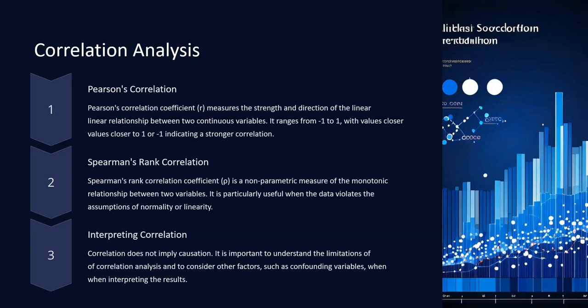Suppose your research question is whether there is a significant relationship between education and income. If your education is high, your income will be high. So that is your hypothesis. When you collect the data and go into analysis, you might find the value is 0.75. That means positive correlation.